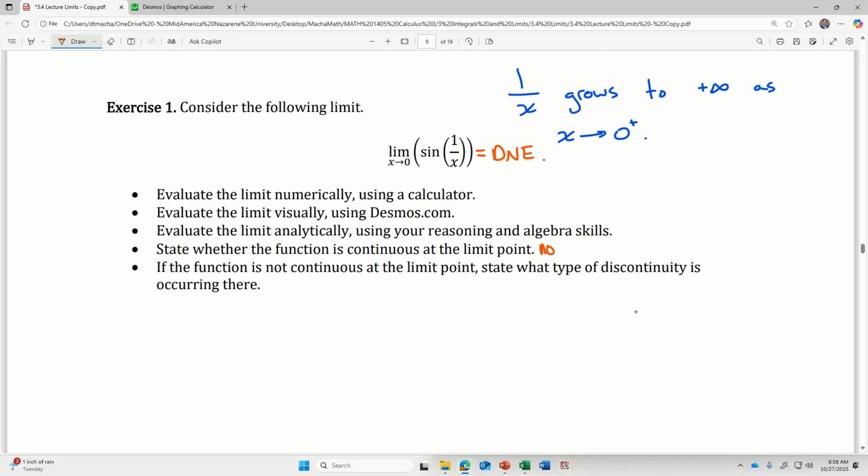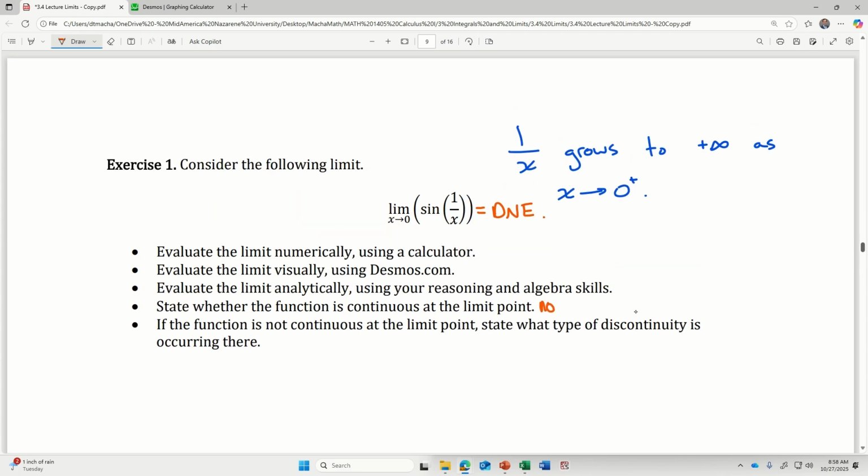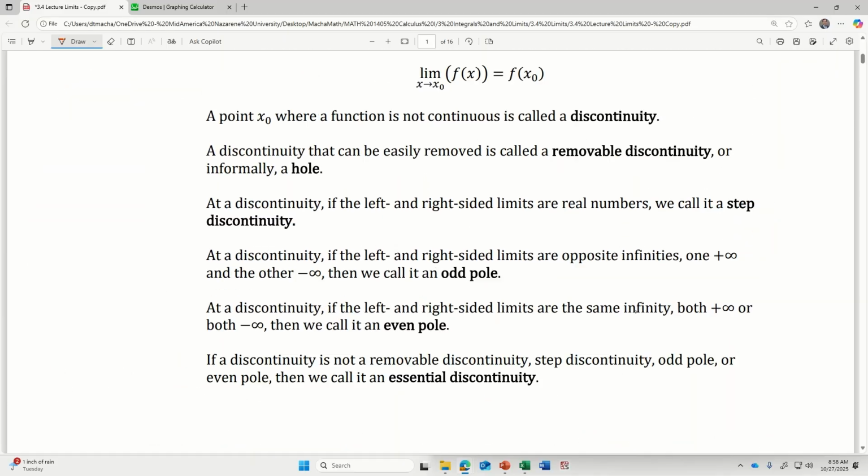No, it's not continuous at the limit point. And what type of discontinuity is this? It's not removable, right? I can't just define a value for the function at x equals 0 and then we're happy. Nothing would make sense as a place to patch a hole.